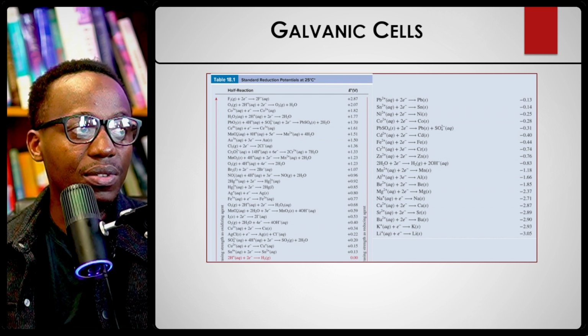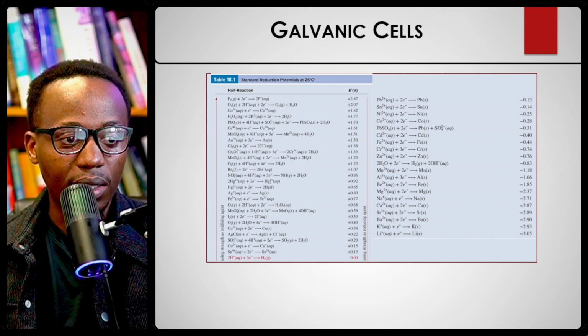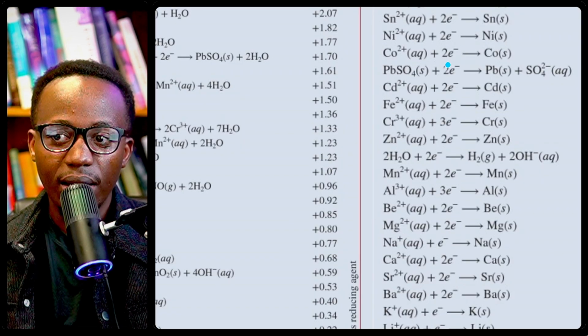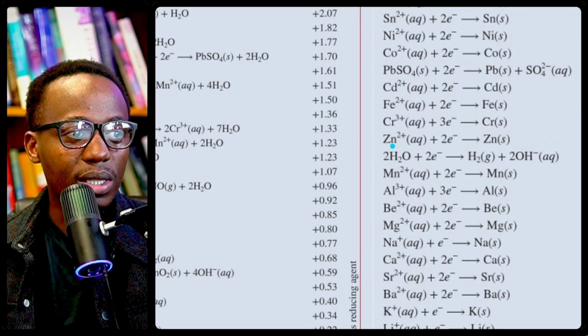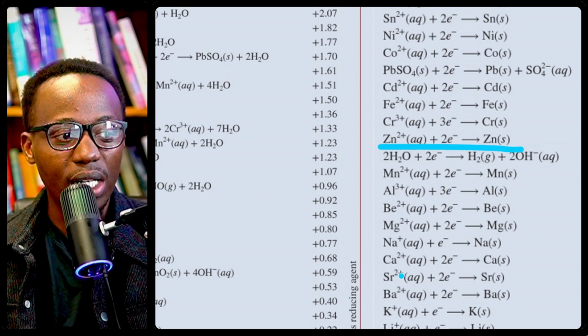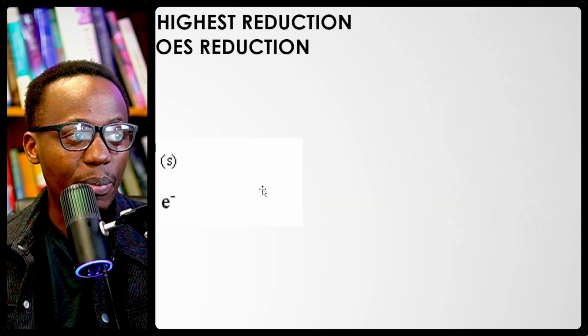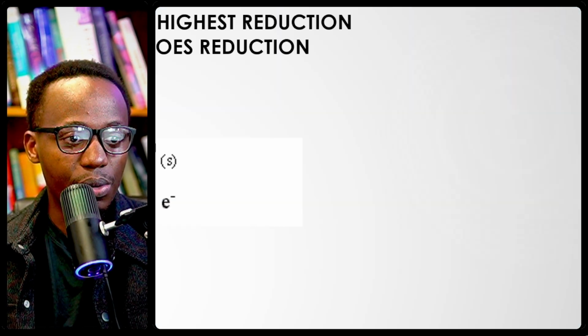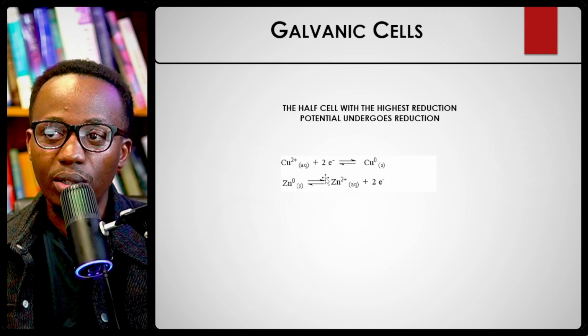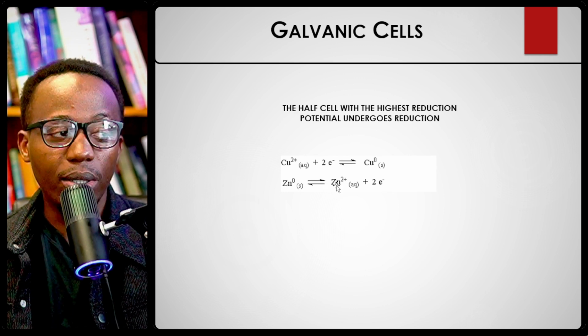But the negative 0.76 for zinc is for the reduction of zinc. This is a reduction potential, right? But if you go back to what happens to zinc in our real reaction, zinc is going to be oxidized. So it's the opposite.